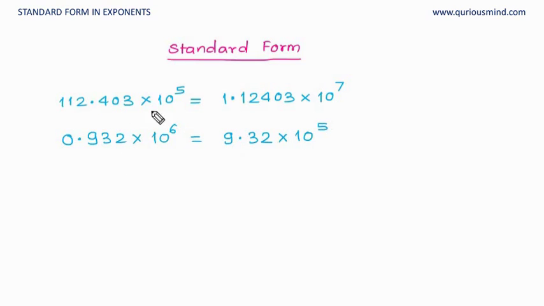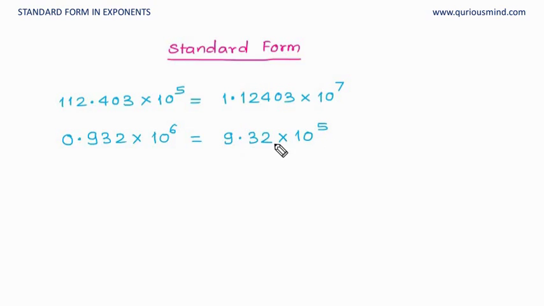So if you see here, if the new number is reduced, smaller than the original, then the power increases. If the new number is increased, here 0.9 and here 9 point something, so it is increased, then the power reduces.